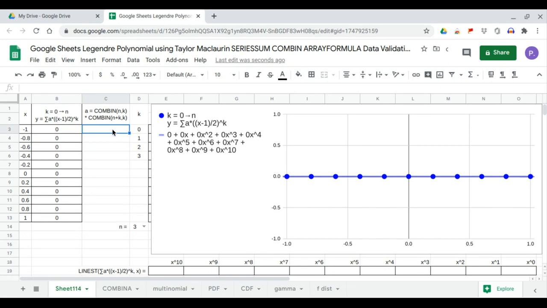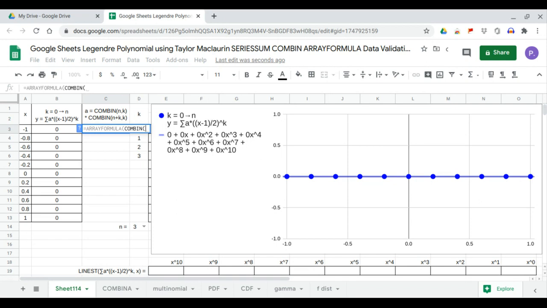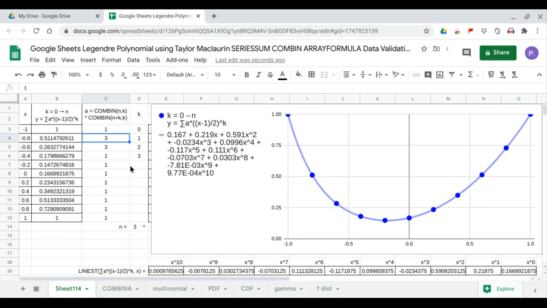We continue with the coefficients, which is array formula. Start with the first term, combine n k. So combine n comma k, n comma k. Now if this is empty, this should be 0. So we have to correct this.